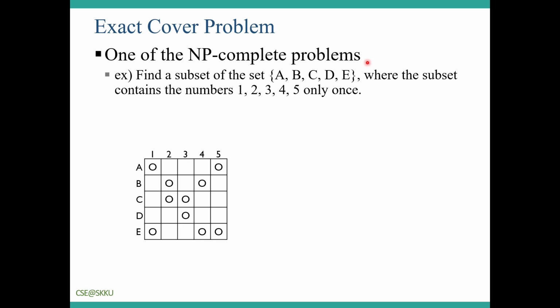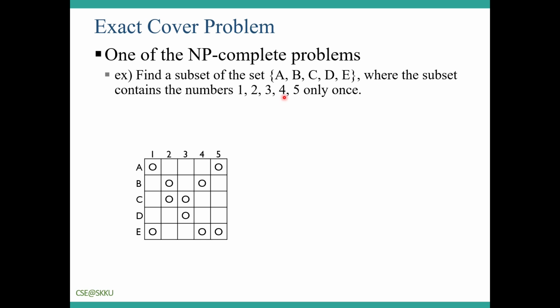Using this example below, solving it means selecting a subset from the sets labeled A, B, C, D, E such that the selected sets together cover the numbers 1, 2, 3, 4, 5 exactly once with no overlaps.